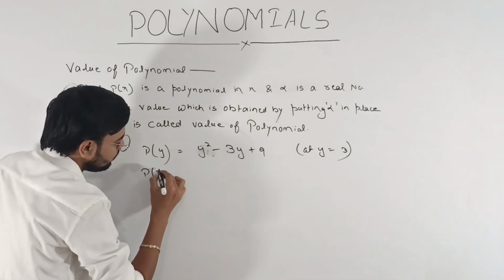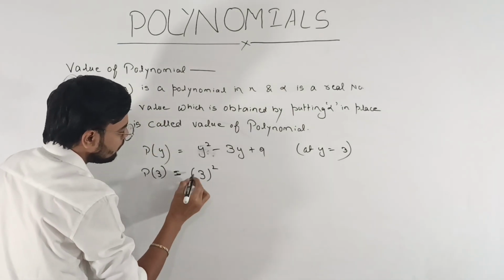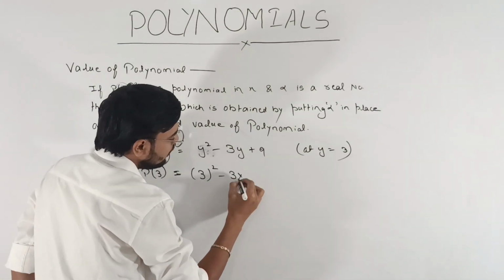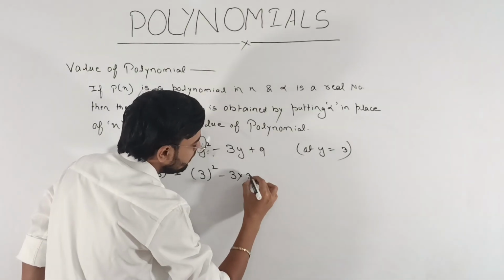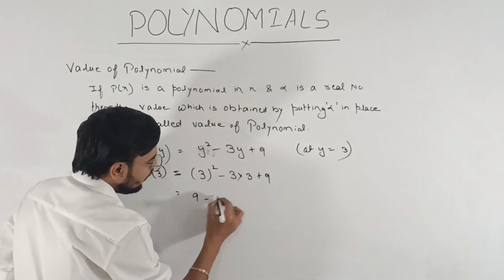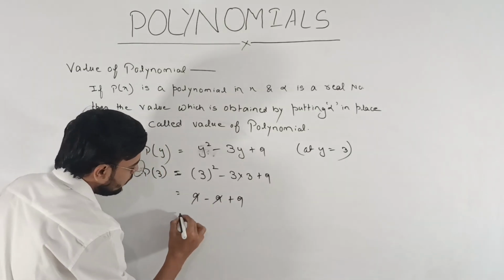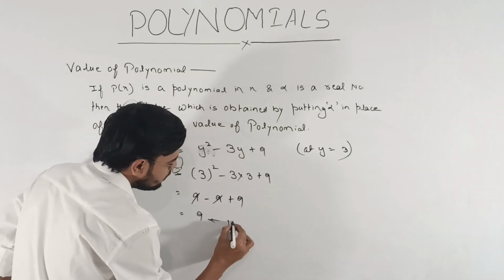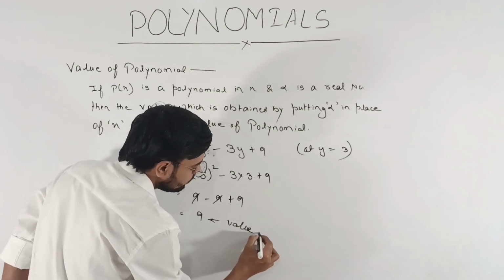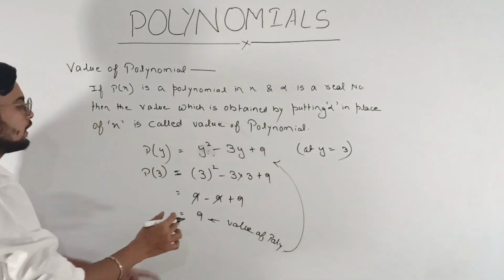Now put 3 in place of y, then this is 3 square minus 3 into, in place of y, 3, plus 9. Now calculate this. 3 threes are 9, minus 3 threes are 9, plus 9. This cancels, then what is the value? 9. This is the value of the polynomial. Which polynomial? This one. Okay, this is the value of this polynomial.